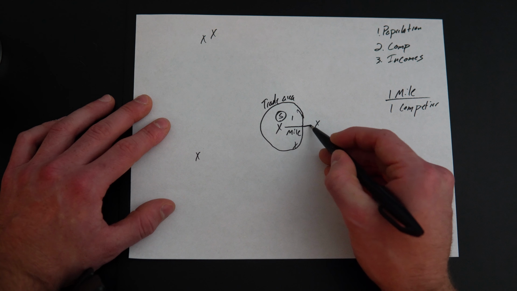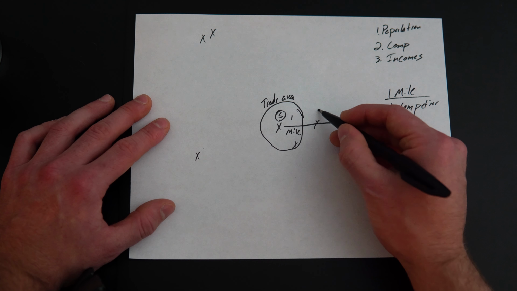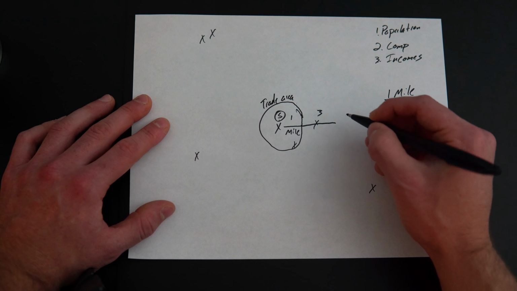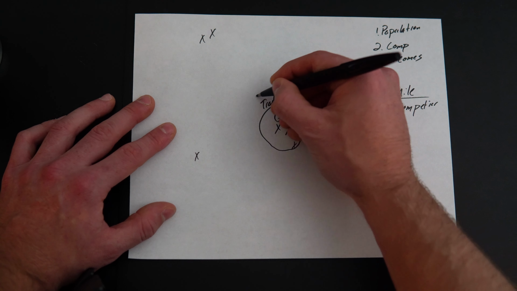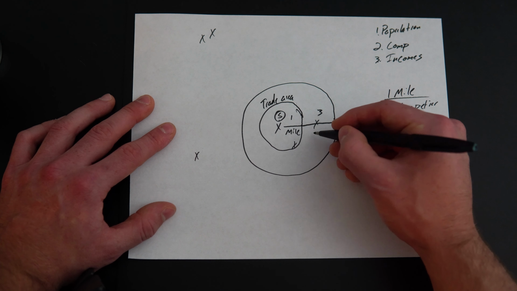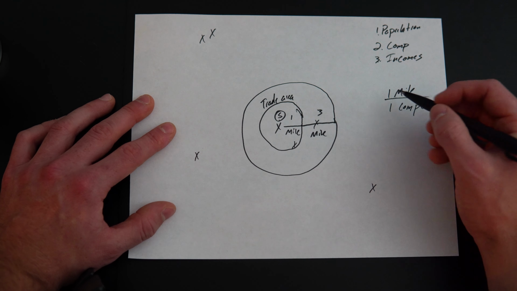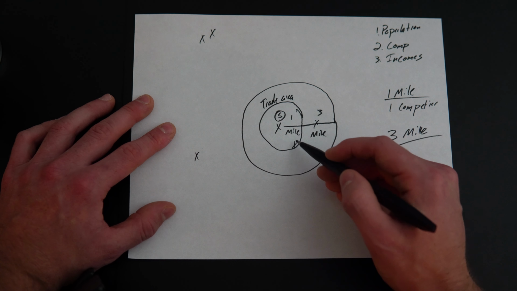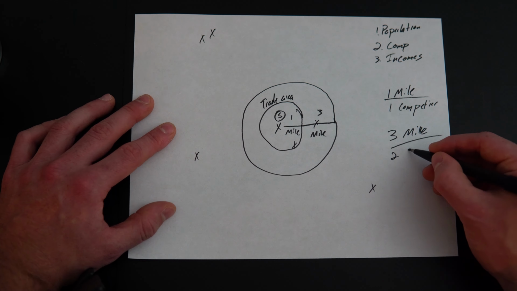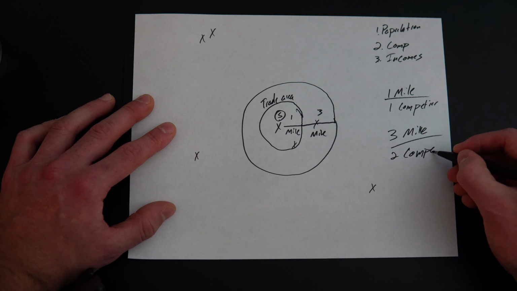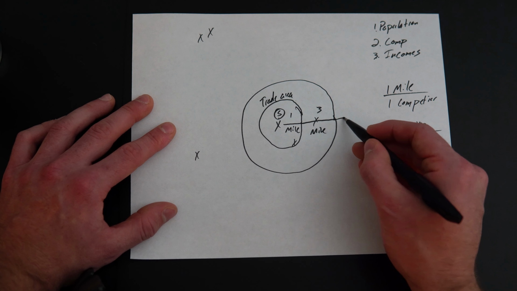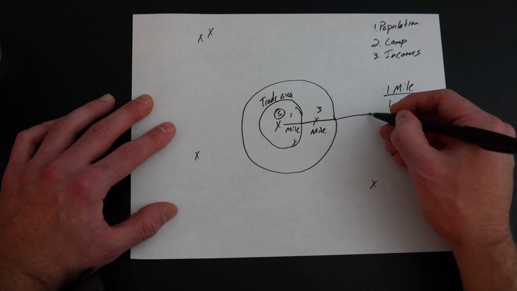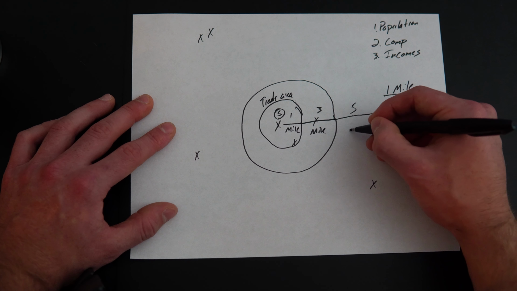Now, next up, we have to go out to 3 miles. So from this point, 3 miles out, and we're gonna draw a circle all the way around us. So in the 3 mile, guess what? We have 2 competitors. And then the final trade area is we're gonna go out even more to, let's say, the 5 mile.